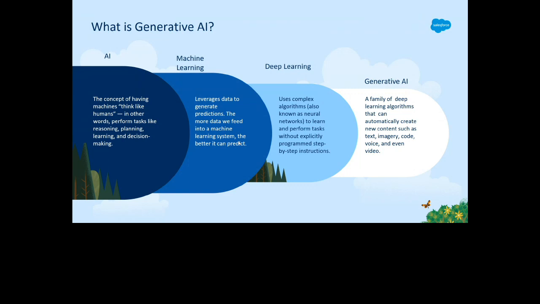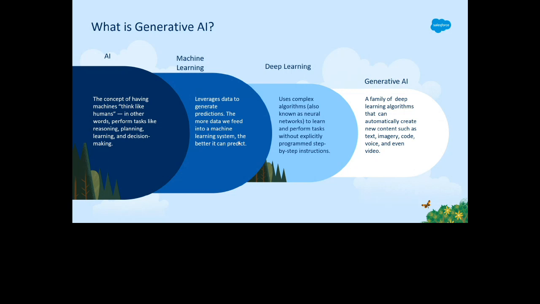Machine learning leverages data to generate predictions. The more data we feed into the machine learning system, the better it will predict. Machine learning is basically for predictions based on the data you provide to the systems.